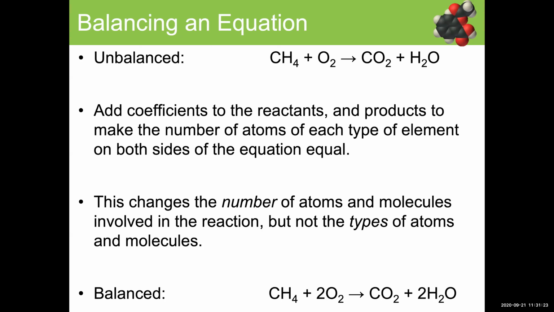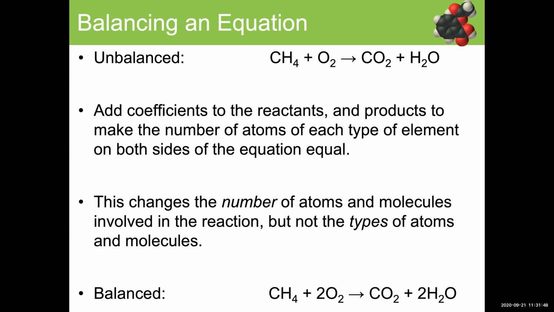Now the only thing left to balance is the oxygen. Well, let's look at the right-hand side here. We have 2 sources of oxygen. We have the CO2. We said that coefficient is 1, so there's 2 oxygens that come from there. And then we have the water. There's 1 oxygen in water, but we said we're going to have a coefficient of 2 in front of that. So there's 2 oxygens there, 1 from each of the water molecules.